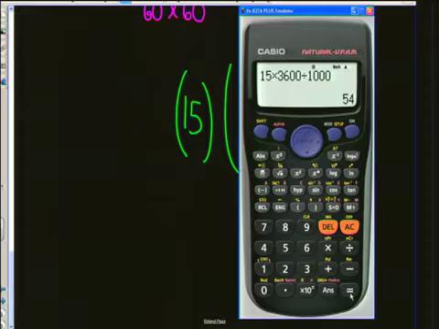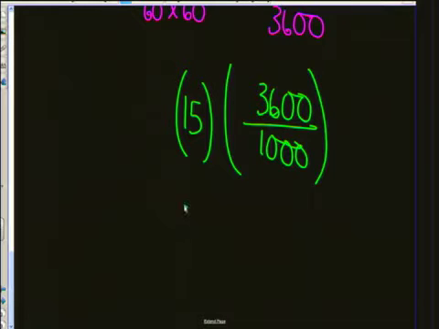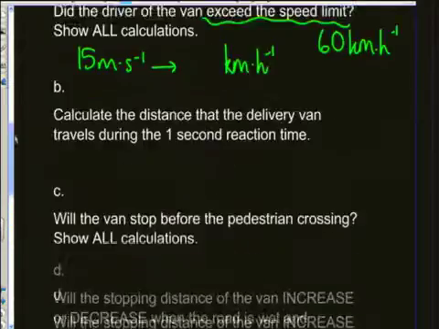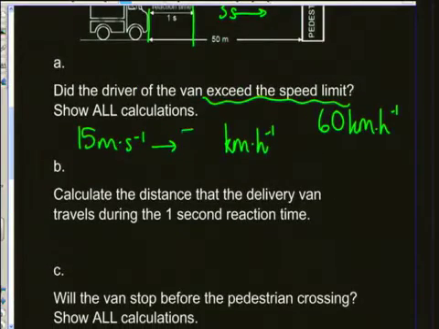So he is actually traveling at 54 kilometers per hour. Well done, he was not speeding. And that is, let's go back up here, 54 kilometers per hour. So did the driver exceed the speed limit? No.